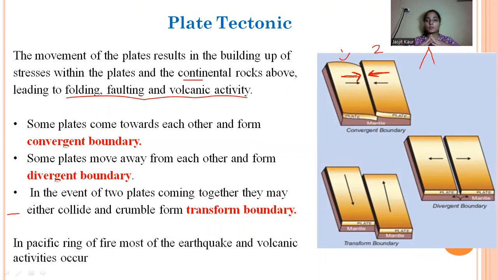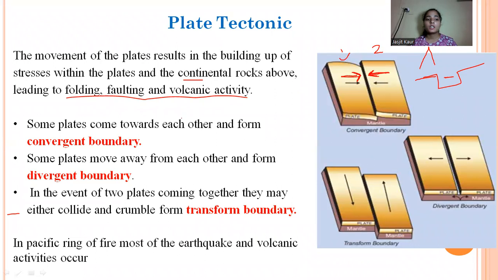Faulting means when there is a hole or gap in the ground. So what do you think? When two plates collide, what kind of structure will form? Is it folding or faulting? Yes, very good. It is folding, because when two plates collide, suppose this is a land, and inside the land the two plates started colliding, they will form the process called folding.